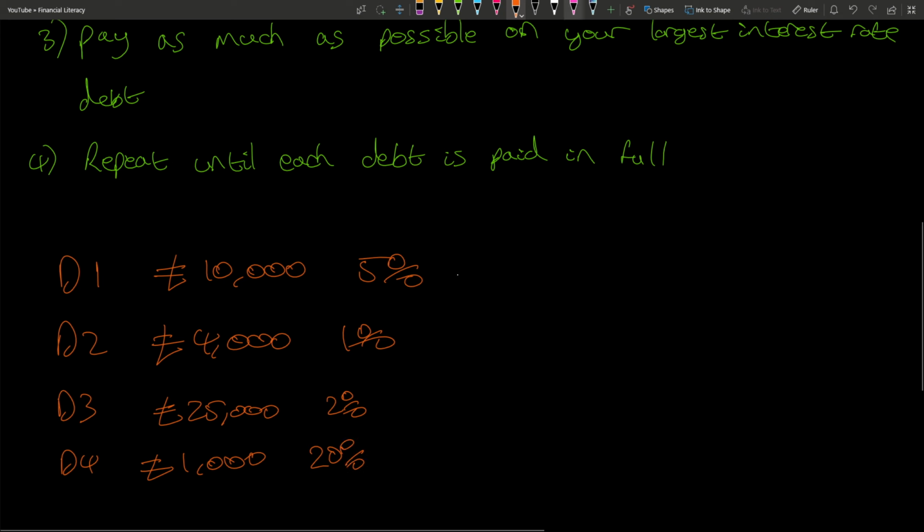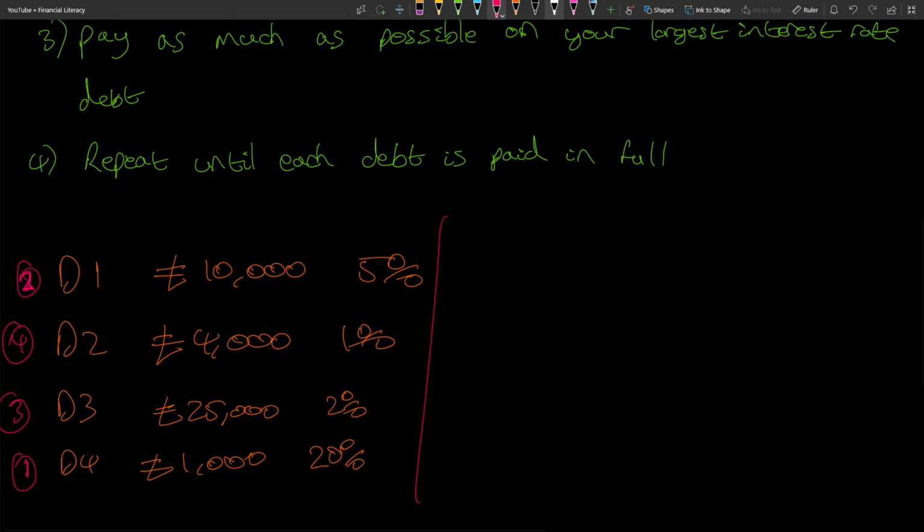Using this method, you would say this is the largest, this is the second largest, this is the third largest, and this is the fourth largest. So if we were to reorder this, we would get debt 4 first, which is £1,000 in total with a 20% interest rate.